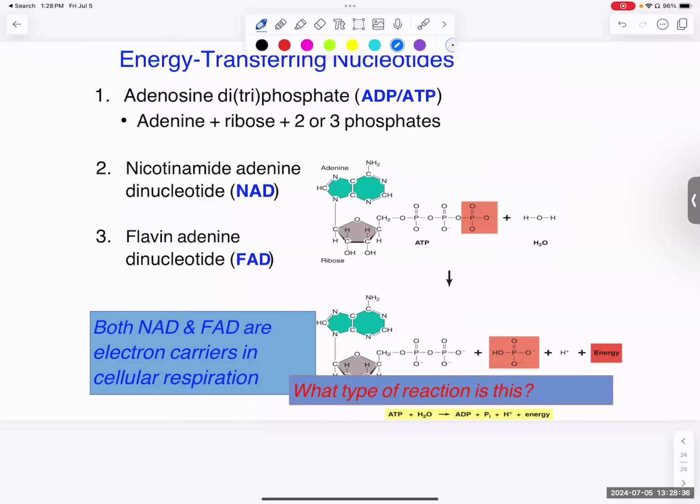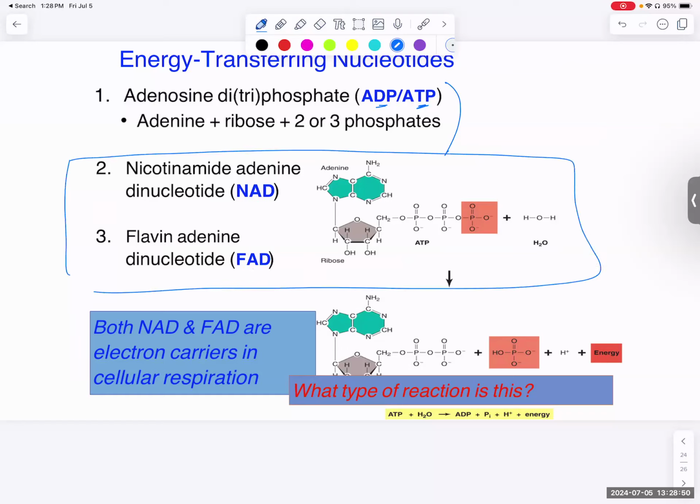And then the energy transferring nucleotides. So adenosine diphosphate or adenosine triphosphate means it has 3 phosphate groups as a nucleic acid, as well as nicotinamide adenine dinucleotide and flavin adenine dinucleotide. I just prefer to say NAD and FAD.